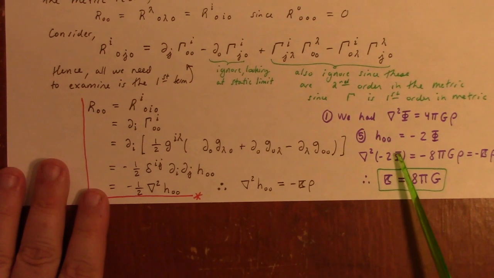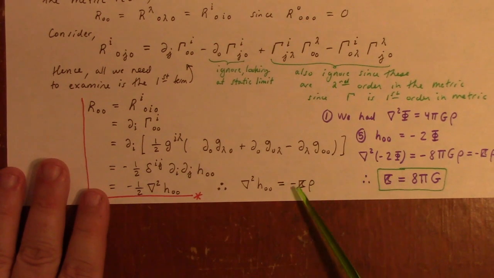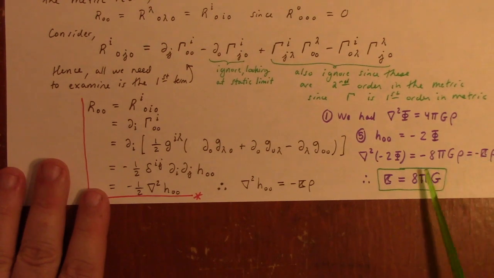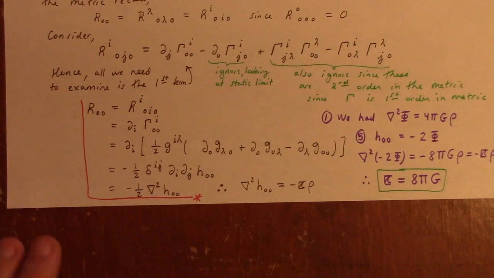But remember, we also have that the nabla squared of H00 is minus kappa rho. So you can compare these and find out, voila, kappa is 8 pi G. So there we go. That, I would say, calibrates Einstein's equation.